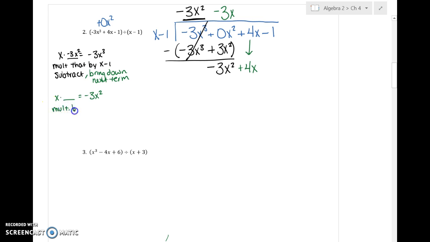Multiply that by x minus 1, by the divisor. So negative 3x times x is negative 3x squared. Negative 3x times negative 1 is positive 3x.